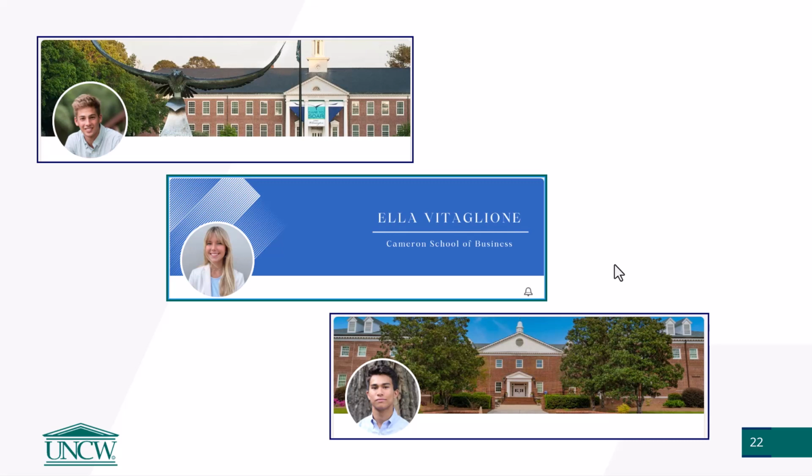And then Ella's choice in the middle here, she chose to go with a little bit of a different kind of format. So this is really an opportunity for you to showcase a little bit of your own design preferences. You can showcase a little bit of your personality and what you want to show. And depending on your major, you might want to also focus that too.